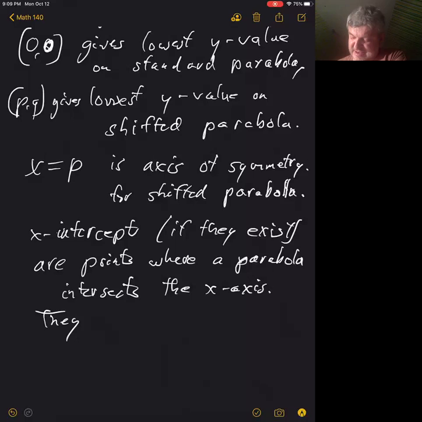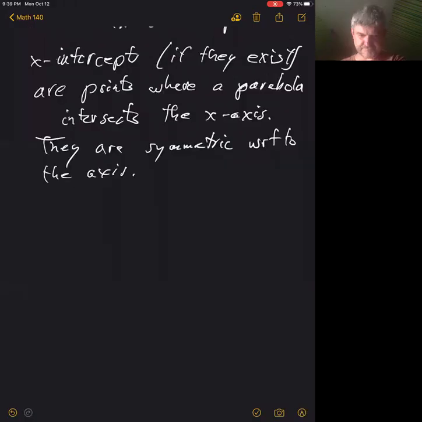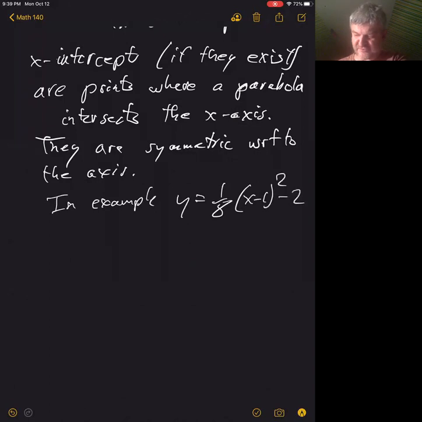Let's write that down. They are symmetric with regard to the axis of symmetry. So in the example, y is 1/8 times (x minus 1) squared minus 2.